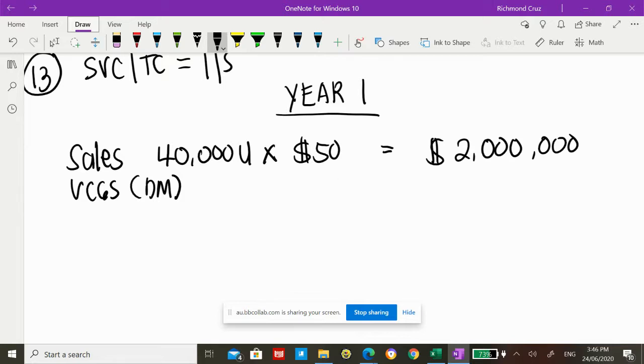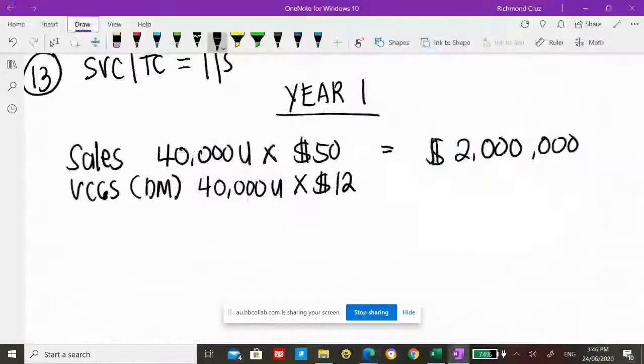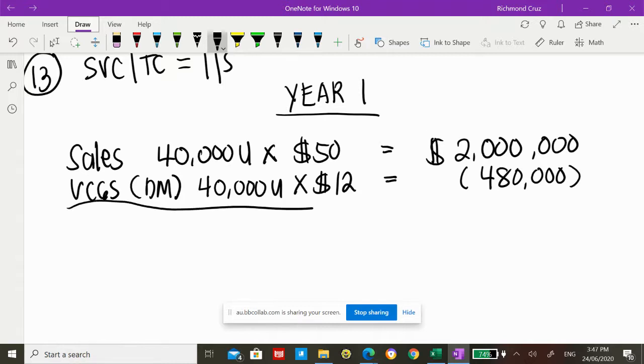So therefore, to compute for the total variable cost of goods sold, just multiply the units sold, which is 40,000 in this example, multiplied by the variable cost per unit, and this is $12. So where did I get the 12? So this one. 12. So therefore, the cost of goods sold for year one is 480,000.